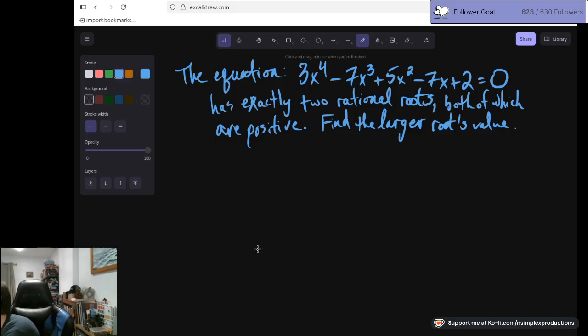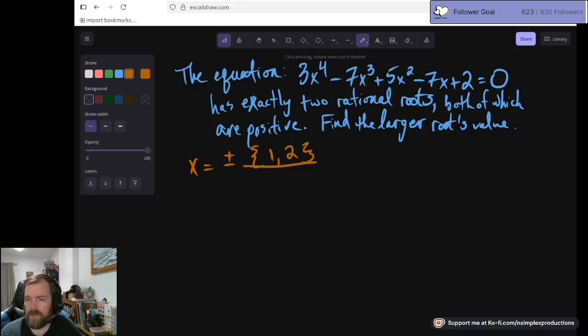Right? So, we know from the rational roots theorem that if we take all of the factors of our final term, the constant term, when it's in proper descending order of powers, so x to the fourth, x cubed, x squared, x, and then x to the 0, our constant term there, 2, has factors of 1 and 2.